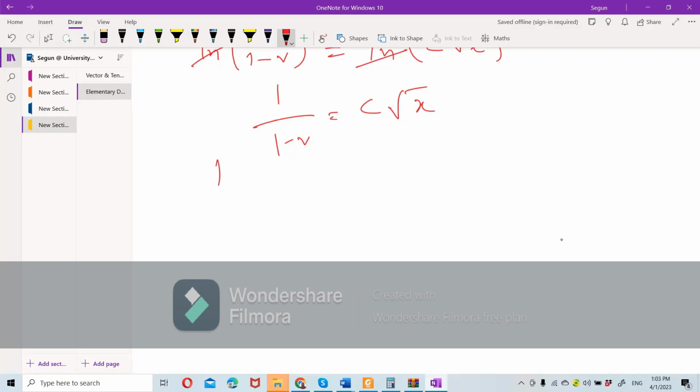Okay. 1 over 1 minus y over x equals c square root of x. So if you do this very well, you will have x over x minus y equals c square root of x.